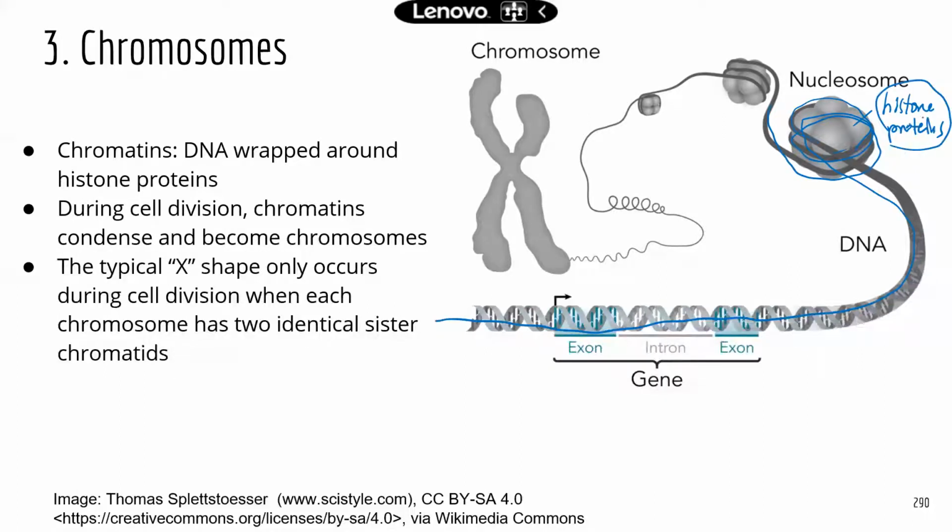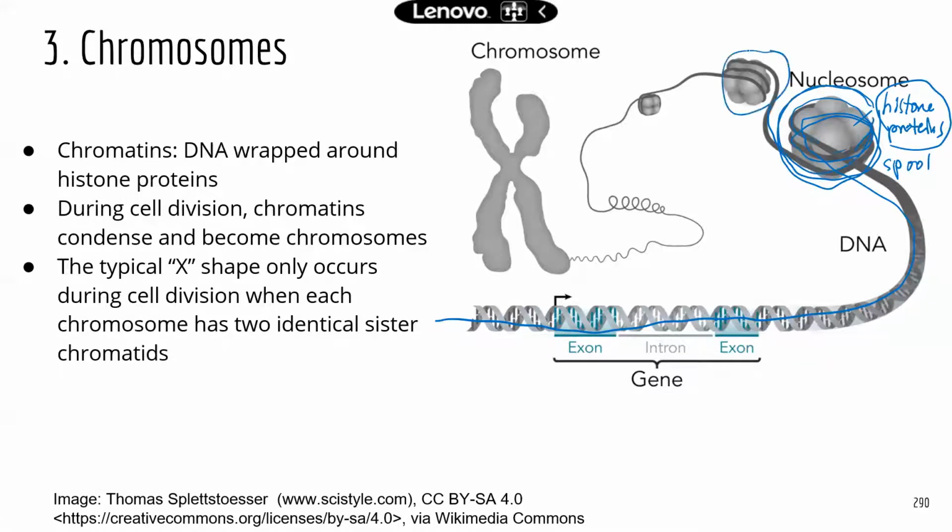Now the histone proteins are like a spool where DNA can wrap around, and this keeps DNA organized so it doesn't get tangled, it doesn't get damaged. And this forms some subunits, and I call these subunits nucleosomes. So you can see each nucleosome is a histone protein complex with some DNA wrapping around it. Okay, so this is one nucleosome.